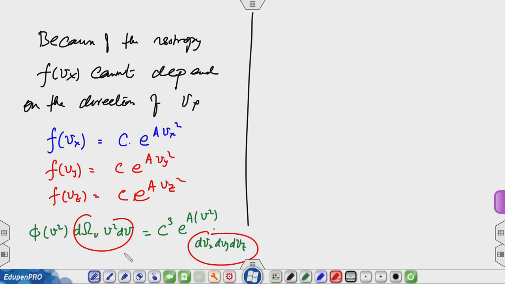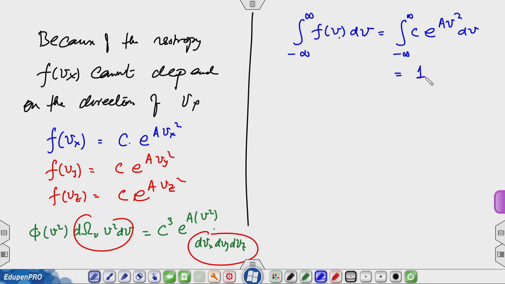This again comes from kinetic theory relationships. Now, we know that the integration of f(v) dv from minus infinity to infinity, which is equal to the integration of c e raised to a v square dv from minus infinity to infinity, is going to be equal to 1.